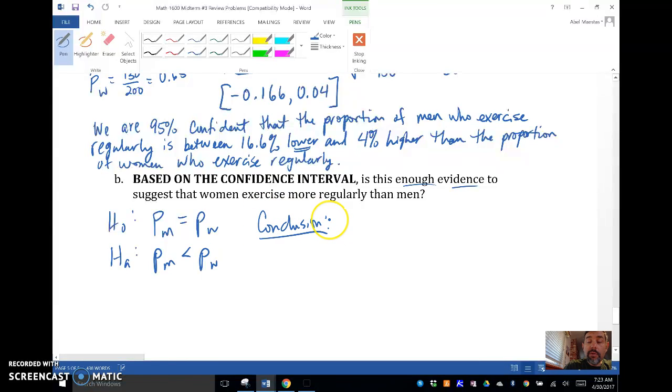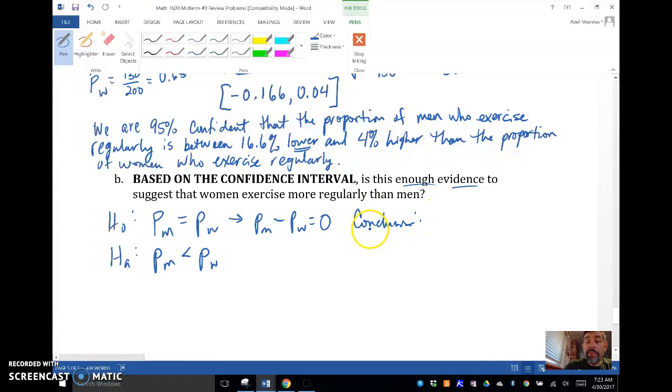And the reason for that is because if PM minus PW was true, then the difference between the two could be 0. Notice here that the proportion of men who exercise regularly could be less than, but it could also be as big as 4% greater than the proportion of women. So we're going to have to say no, there isn't enough evidence.